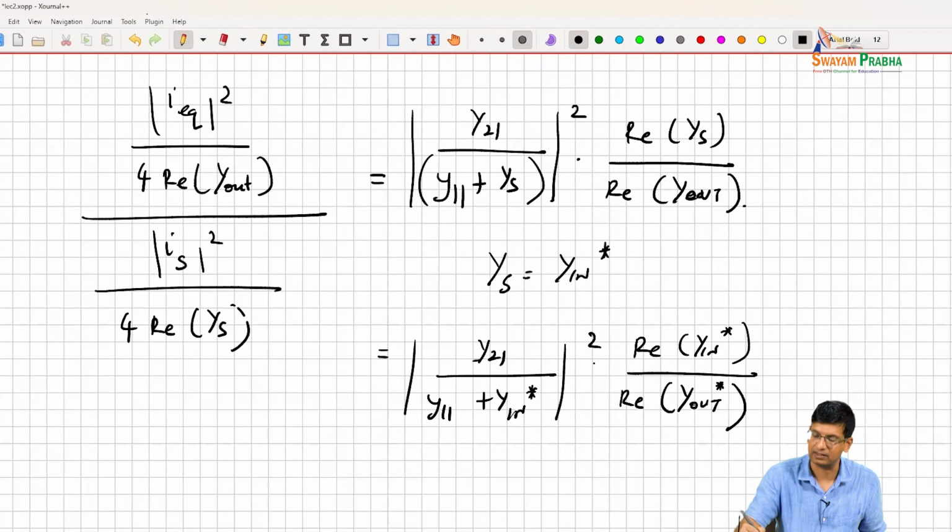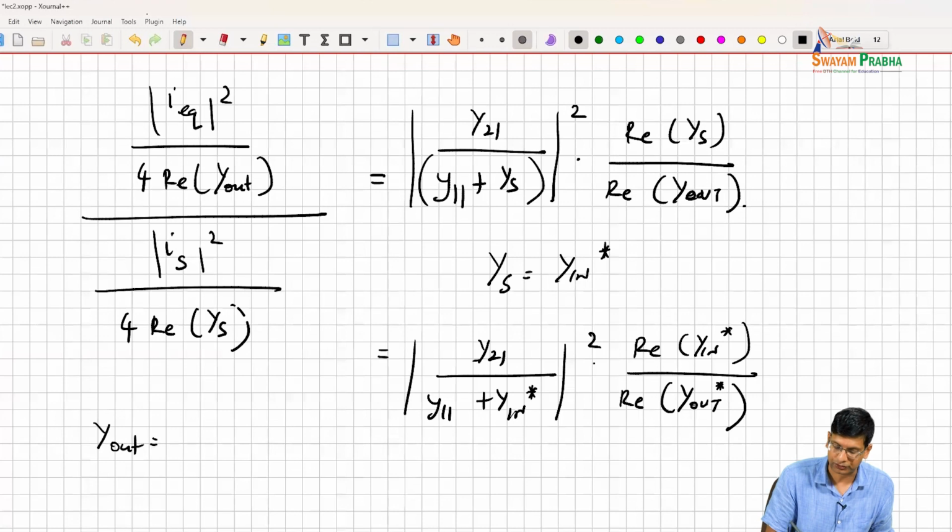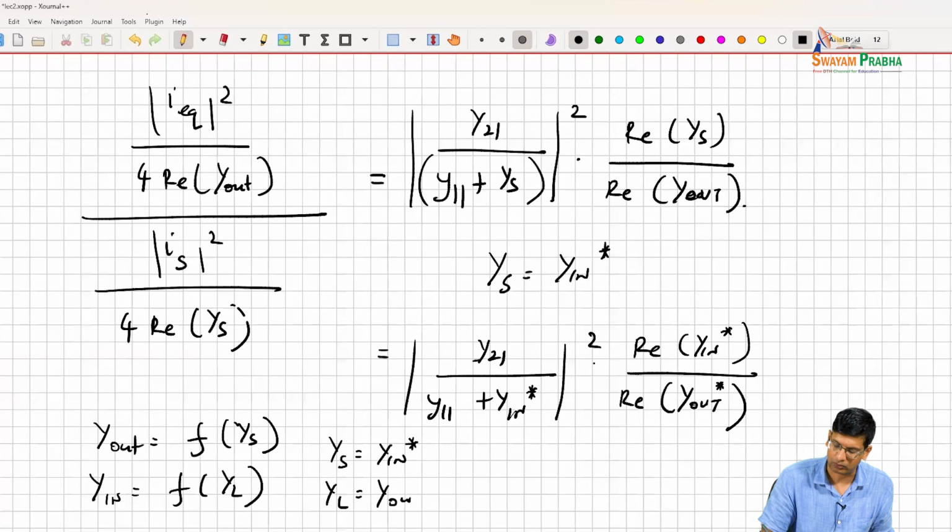Both of these are the same whether you do real part of Y out or Y out conjugate. What you effectively see over here is, remember that Y out is a function of Ys, and Yin is a function of YL. But we are also imposing the condition that Ys is Yin conjugate and YL is Y out conjugate.